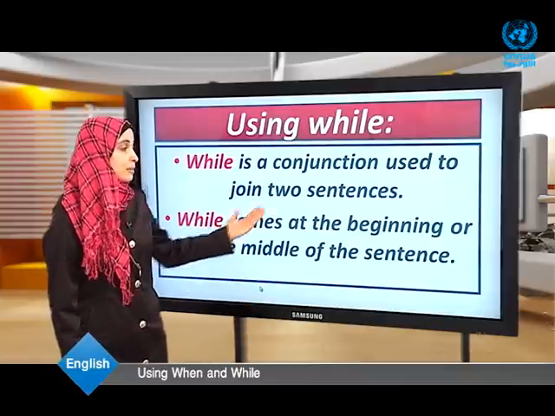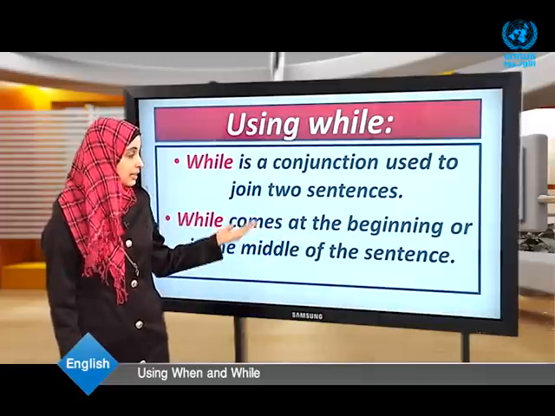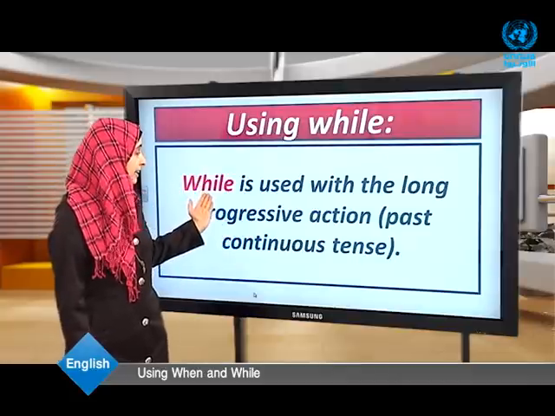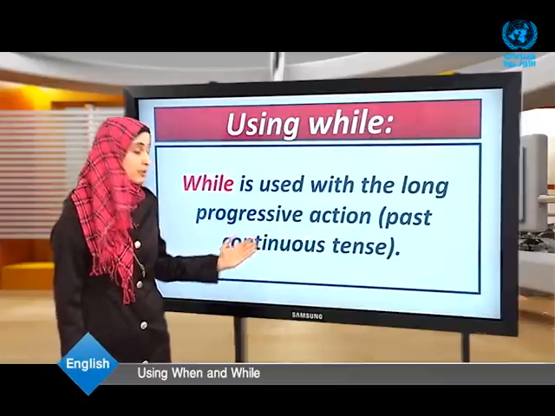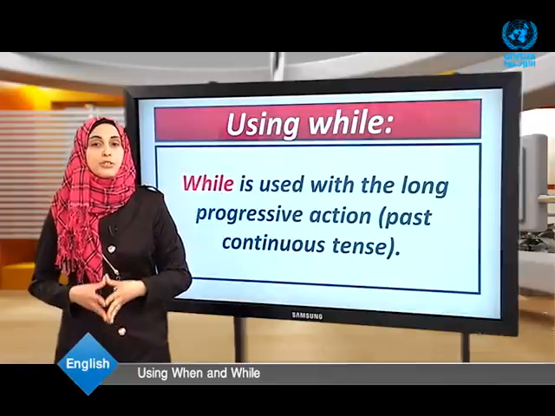While comes at the beginning or in the middle of the sentence. And notice here, while is used with the long progressive action, which is the past continuous tense. So while is always followed by the past continuous tense.